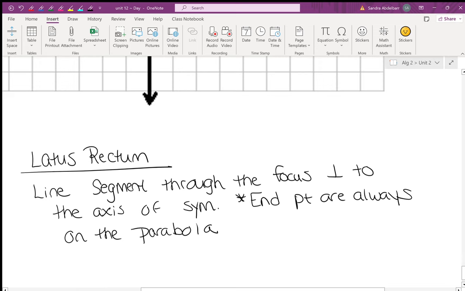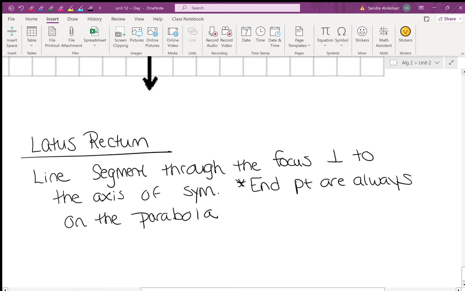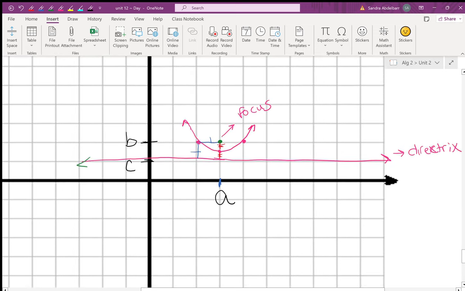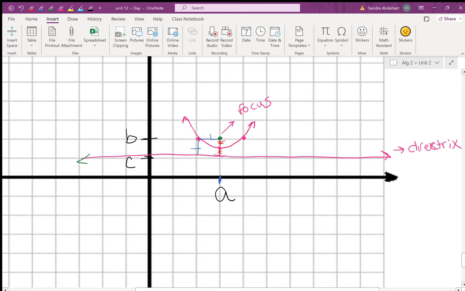Are we ready? Can I go back up, Dylan? Okay. So going back to here, do we all agree this yellow line is our axis of symmetry? Our latus rectum is going to go through the focus, be perpendicular to the axis of symmetry, but its endpoints have to be on the parabola.